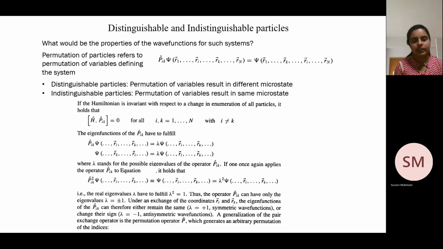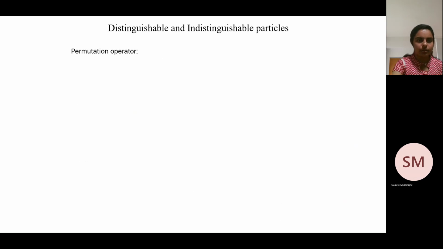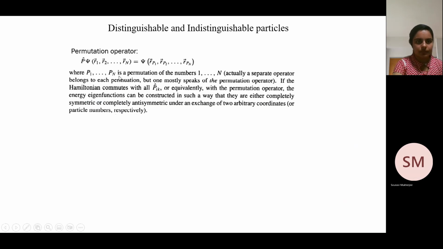Then however many times you operate the permutation operator, your wave function does not change because the eigenvalue is plus 1. So now if you have a generalized permutation operator P, which can have n number of permutations possible.